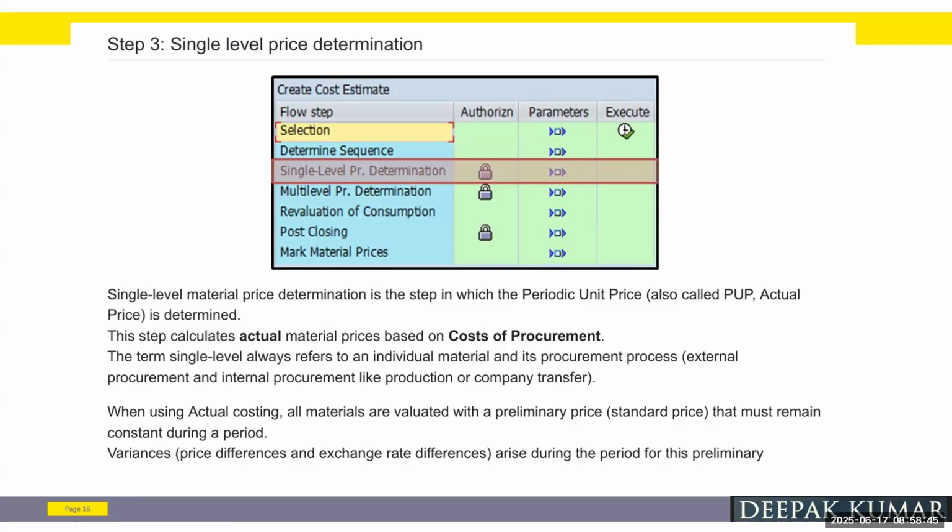The single level, it calculates the price difference, but there is nothing to roll up because that's the only material. So it finds the price differences for all materials. So single level term always refers to individual material.